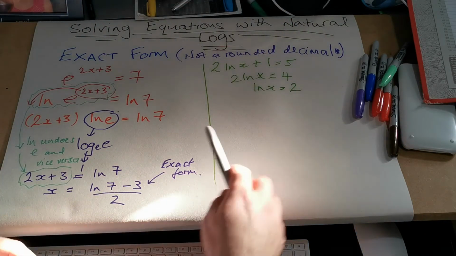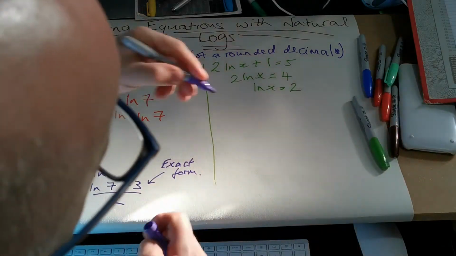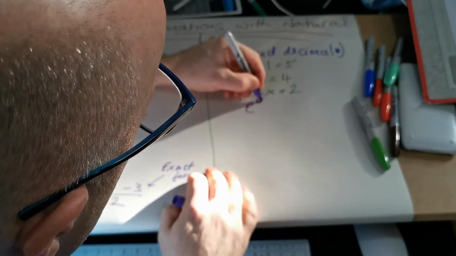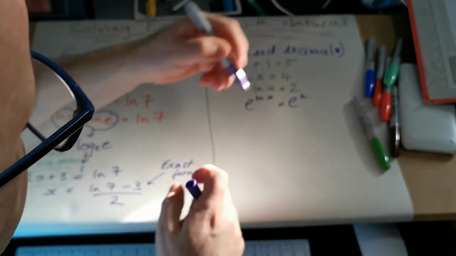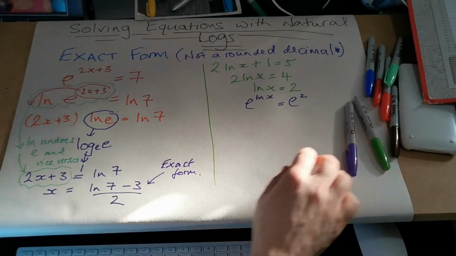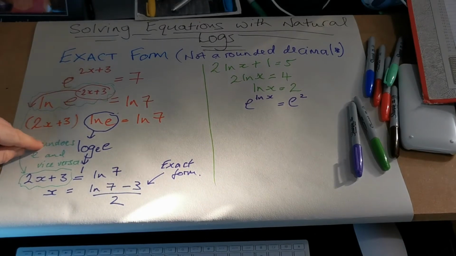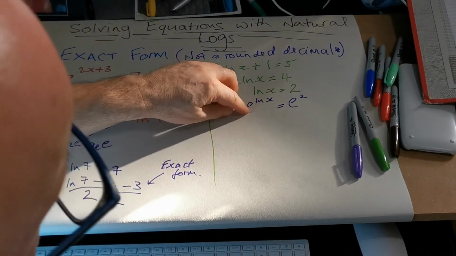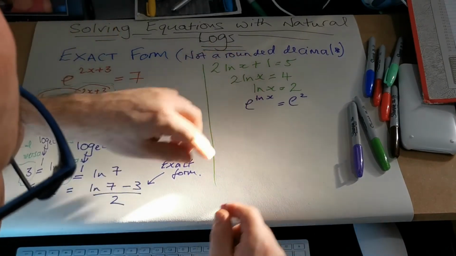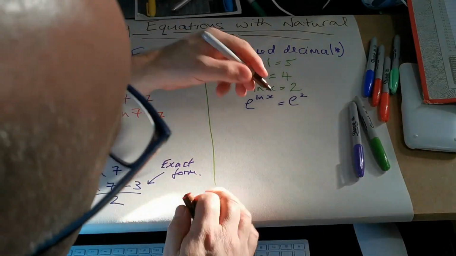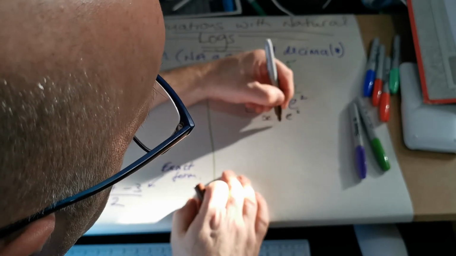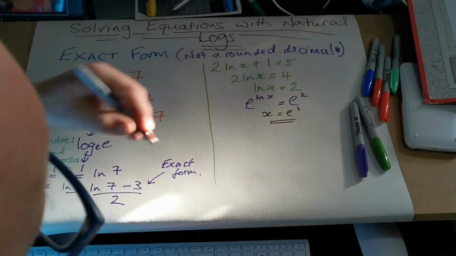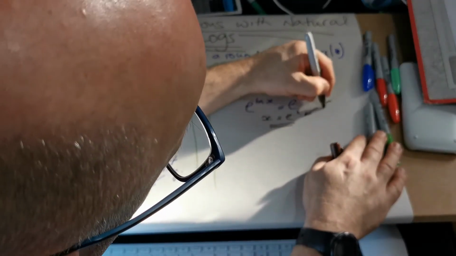And then I would take e to both sides. So I've got e to the ln x is equal to e to the 2. And over here, ln undoes e and vice versa. So see, e and ln undo each other. So I'm just left with x is equal to e to the 2, or e squared. And again, that's an exact form.